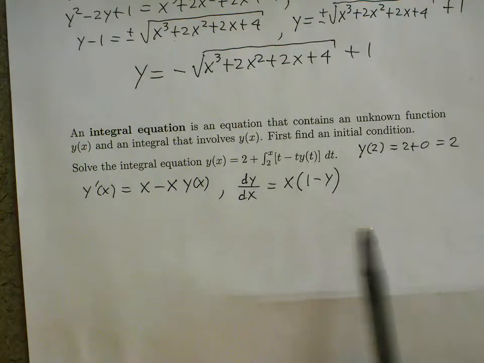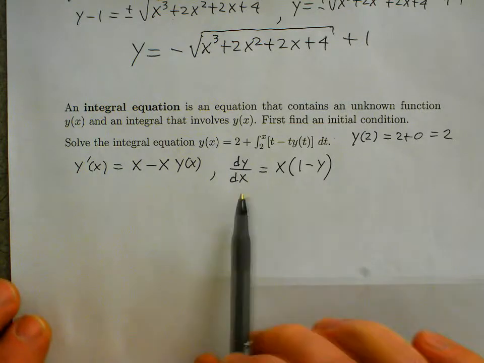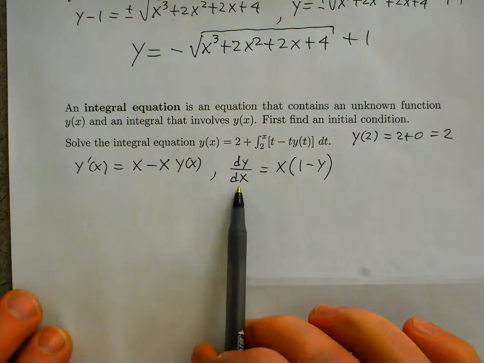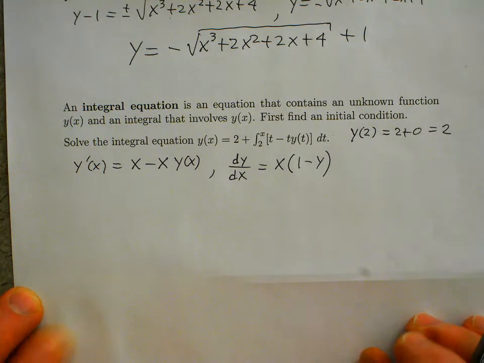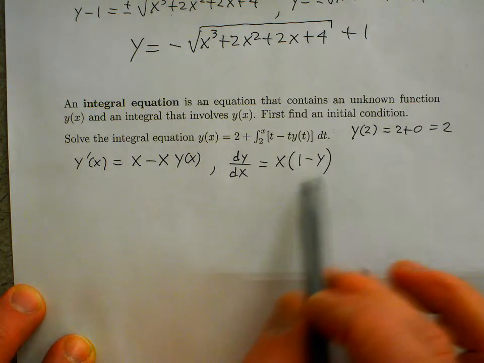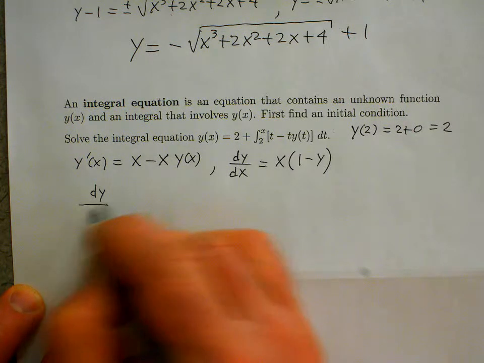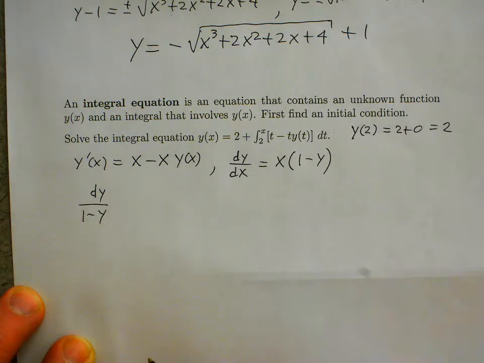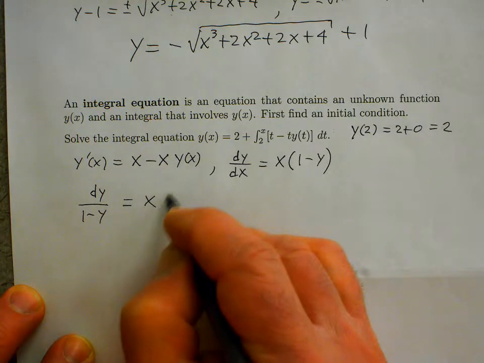And we have a separable differential equation. It's a first-order differential equation that is separable. So when we separate it, we'll get dy over 1 minus y on the left-hand side, and on the right-hand side, we'll get x dx.